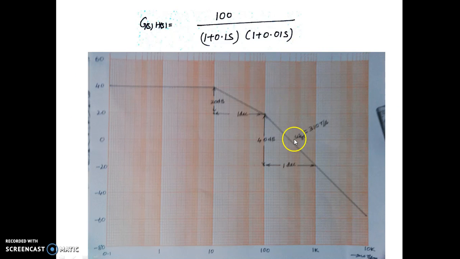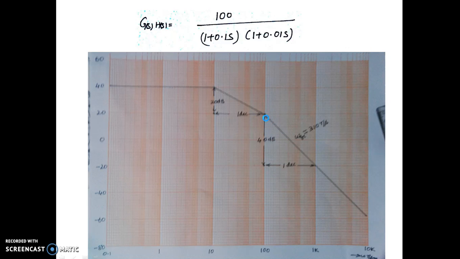So that's why you can see this slope has now changed from minus 20 dB per decade to minus 40 dB per decade. Then how to plot this minus 40 dB per decade: from this 100 radian per second frequency, from this point you come down by 40 dB, and then this is 1 decade. So we have one point here and the second point is here. If I join this point and this point and extend till the end, the slope happens to be minus 40 dB per decade from 100 radian per second onwards.